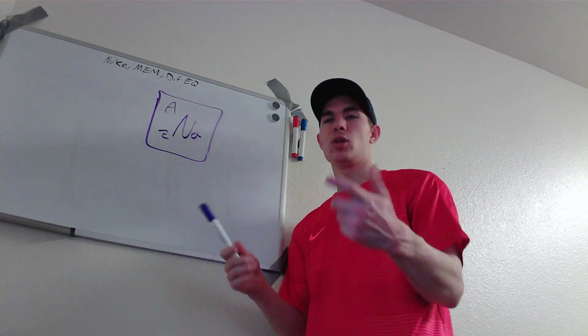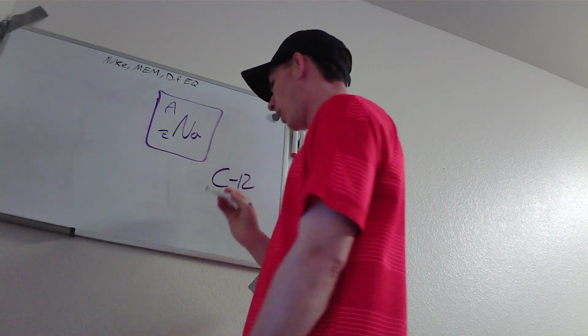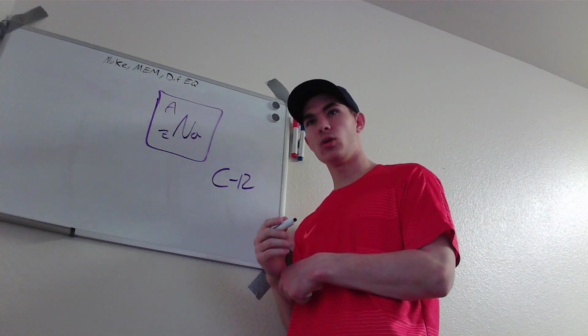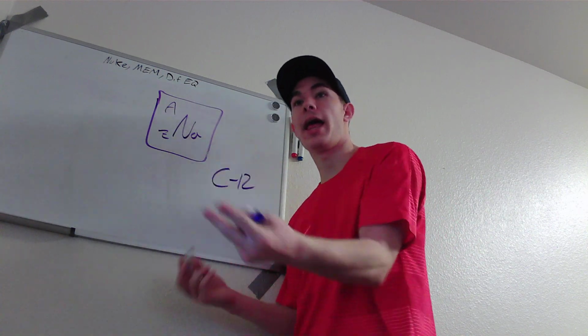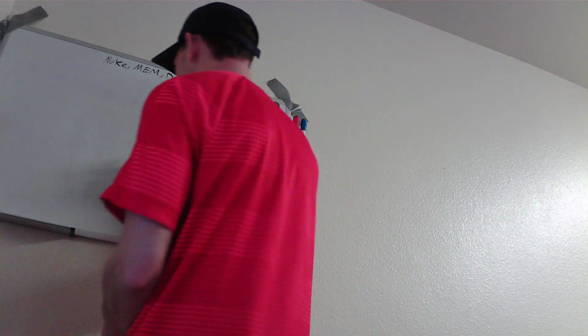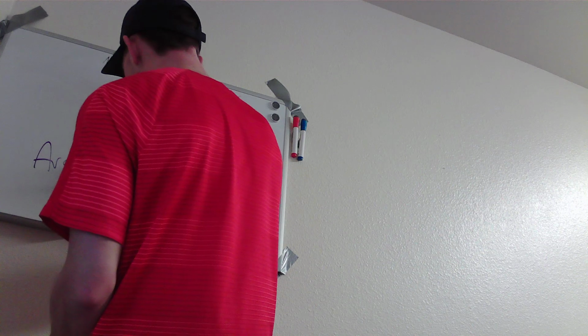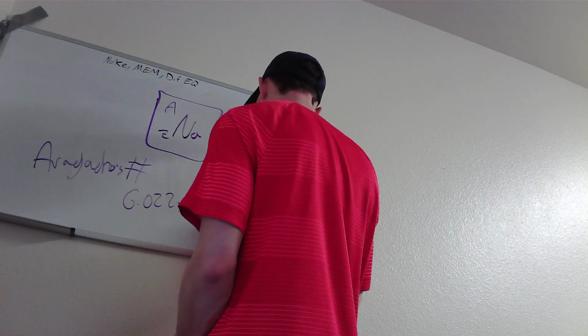Atomic mass units, AMU, are based off carbon-12, which weighs pretty much exactly 12 AMU. If you have one mole of any element, which is Avogadro's number, it is 6.022 times 10 to the 23rd items.